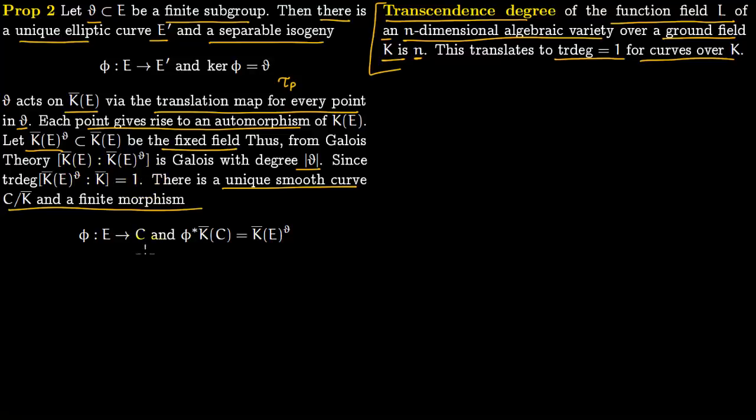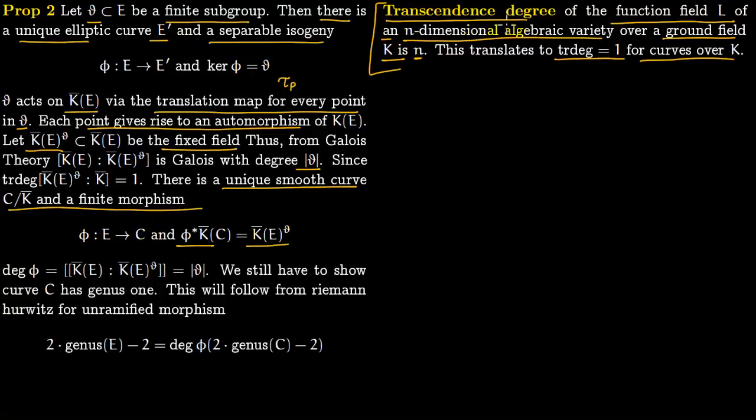So the transcendence degree has given us a curve C. Also, the degree of φ is the degree of this extension, which is precisely the size of Θ, as we have seen here.